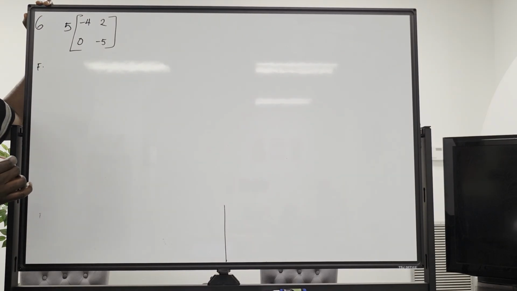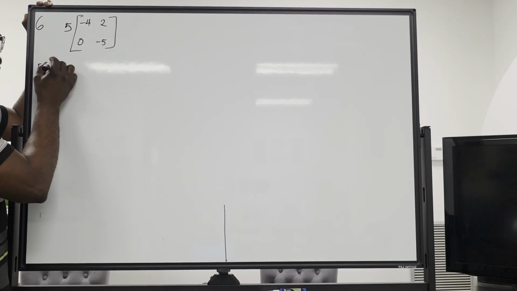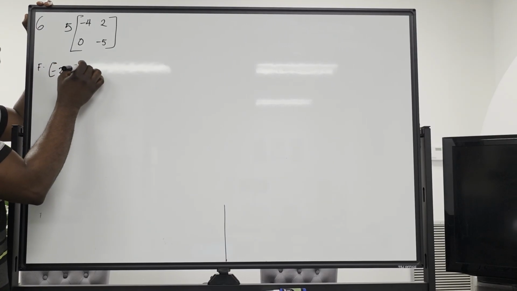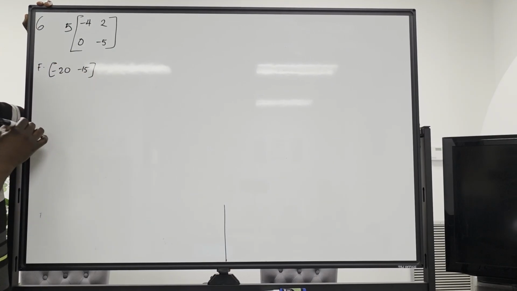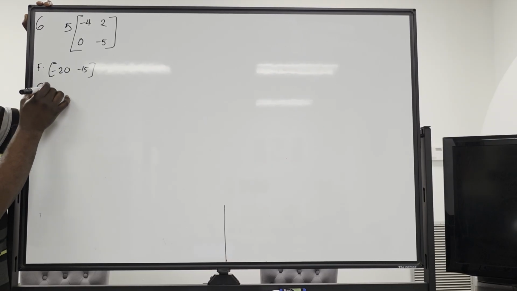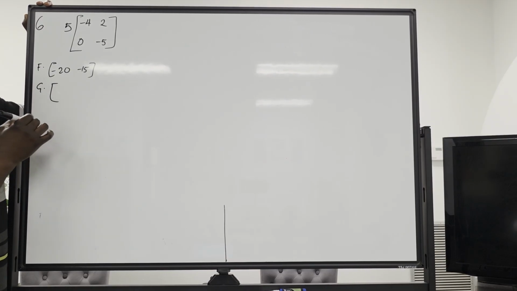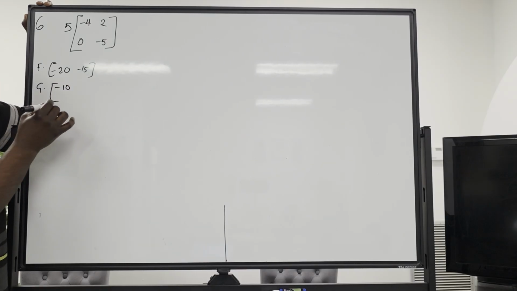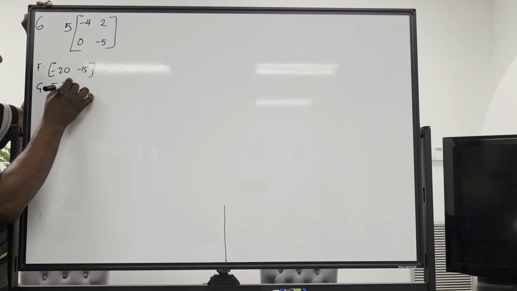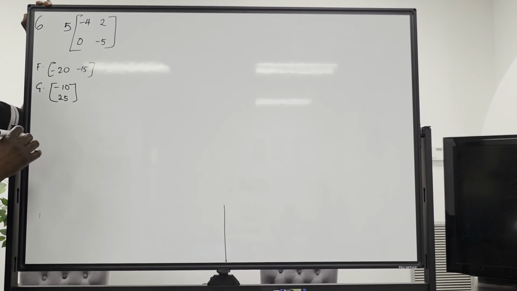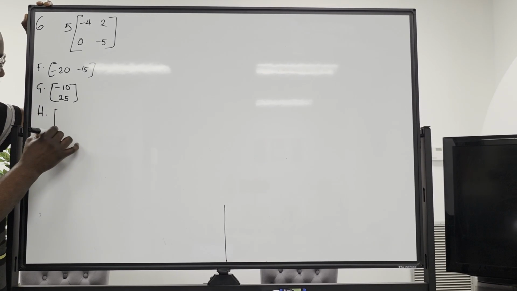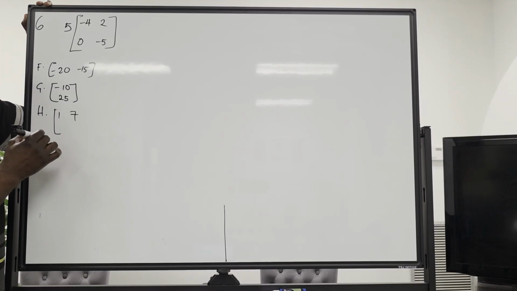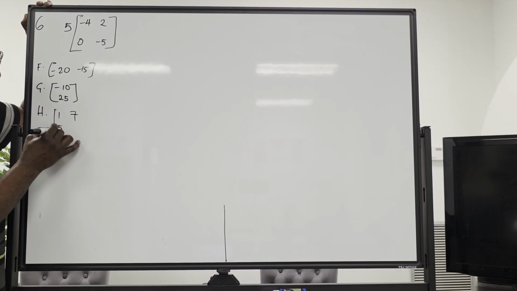Option F is minus 20, minus 15, minus 20, minus 15. Option G is minus 10 and 25. Option H gives us 1, 7, 5, 0.